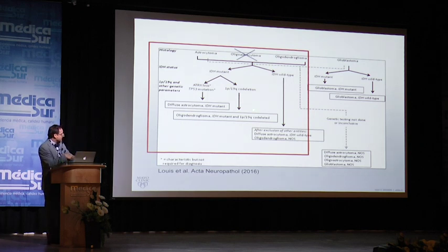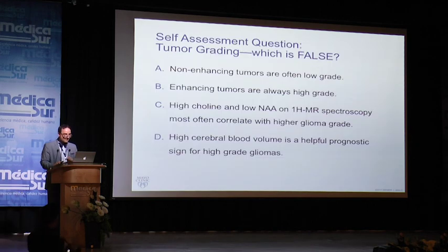You need to have the deletion to be able to call the tumor an oligodendroglioma. If you have an ATRX loss or TP53 mutation, then you're going to call it an astrocytoma. So that's the major difference. And of course, you have the IDH wild-type tumors that unfortunately are associated with much worse prognosis than the ones that have the IDH mutation.